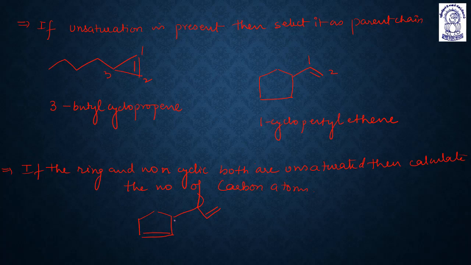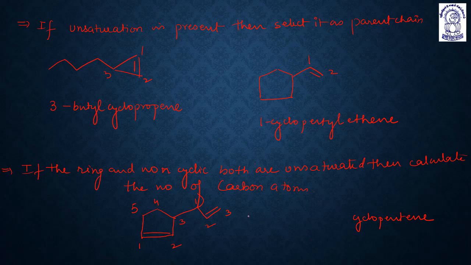This will be the parent chain. Sorry, I made a mistake. It has 5 carbons, and the other has 3 carbons. So numbering 1, 2, 3, 4, 5, it becomes cyclopentene.